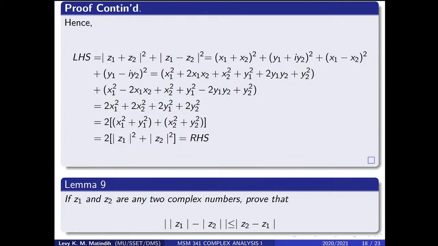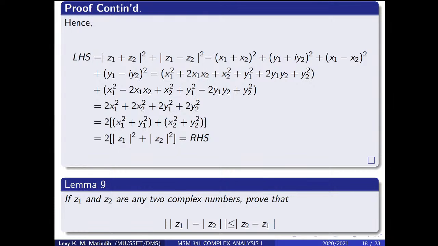Similarly, lemma number 9 is the same thing. If z1 and z2 are any two complex numbers, you prove that the modulus of the difference of their moduli is less than or equal to the modulus of their difference.